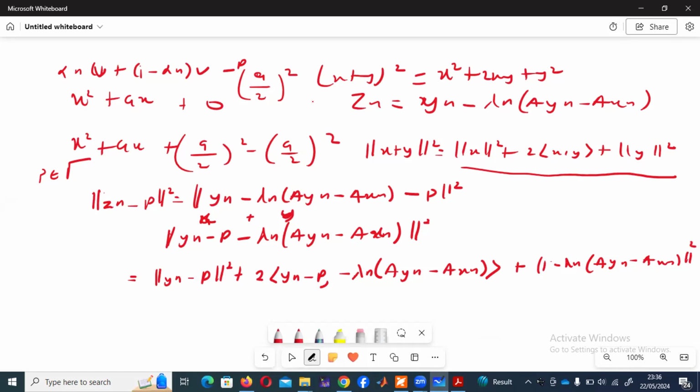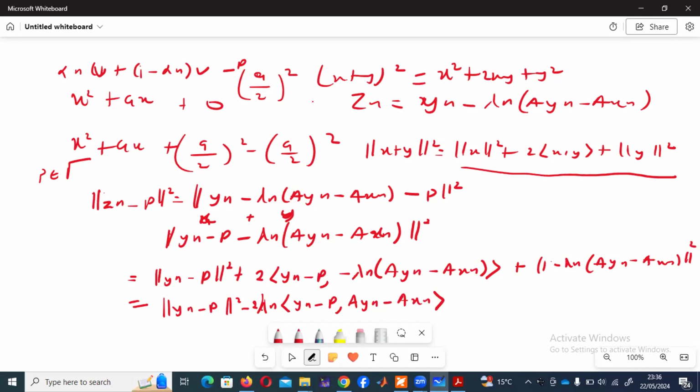So now I can write this as Yn minus P squared, minus 2 lambda n into the inner product of Yn minus P, comma, Ayn minus Axn. I can take lambda n out because it is a constant. So the sign is minus 2 lambda n.